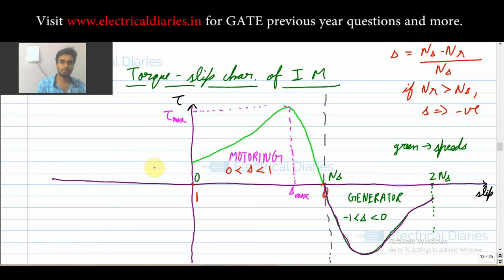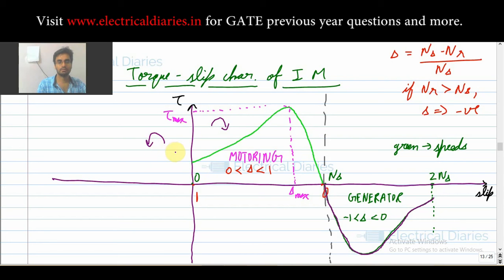Now what happens in this region? Here the motor has zero speed. In this region the slip becomes positive. See how: if the motor is rotating in motoring mode in this direction, then in this region the motor will start rotating in the opposite direction.